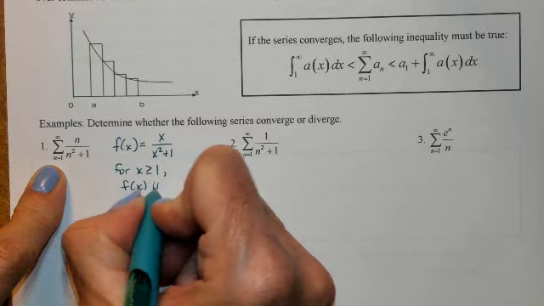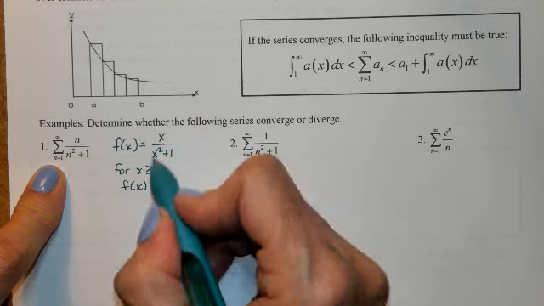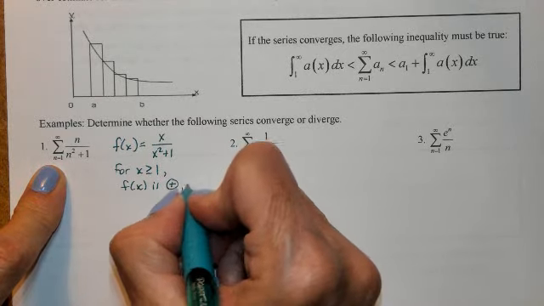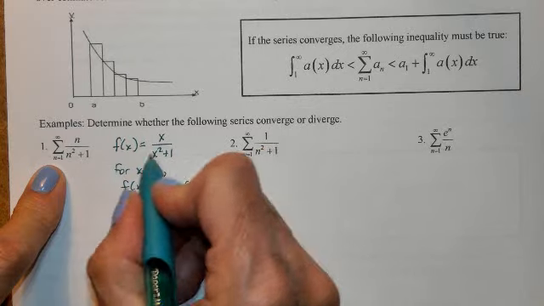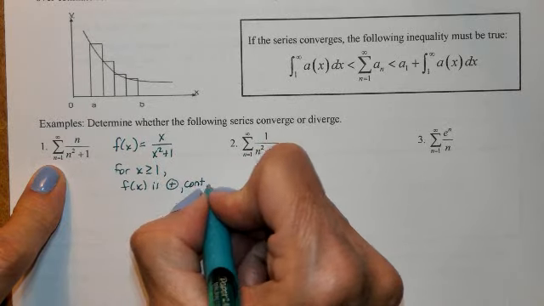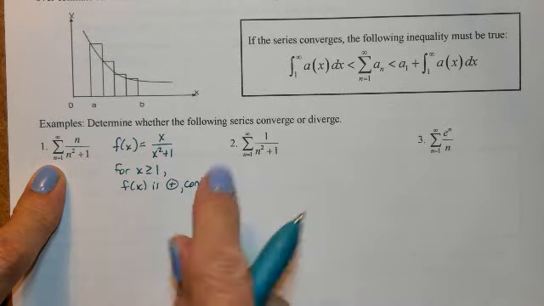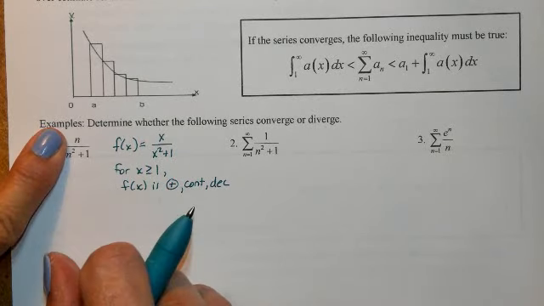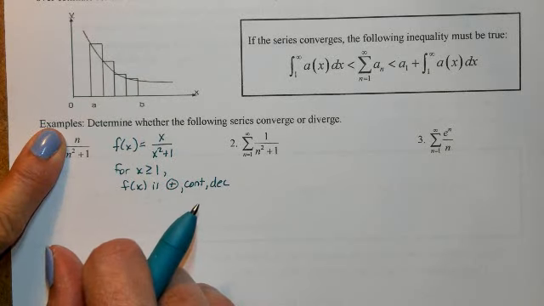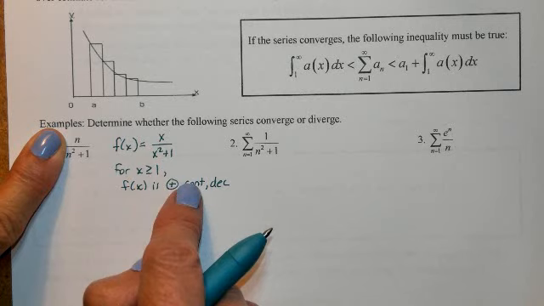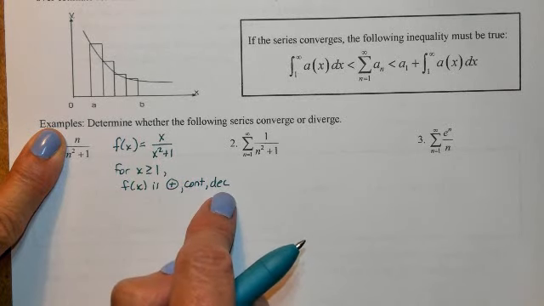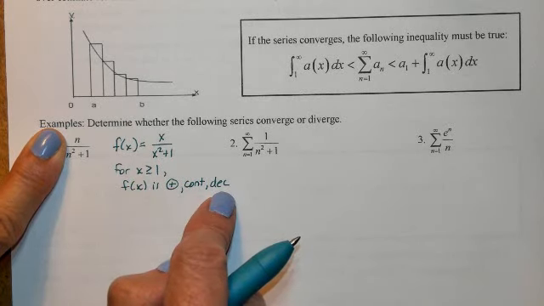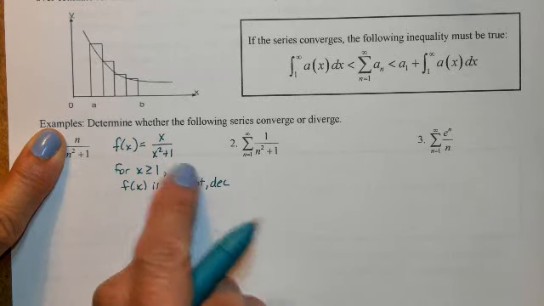f of x is positive for 1 to infinity, continuous because the denominator is never 0, and it is decreasing. And I know it's decreasing because I just took a mental nth term test and it's going to 0. So if it's positive and continuous and going to 0, very likely it's going to be decreasing.